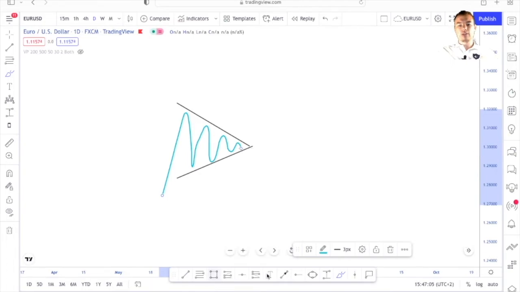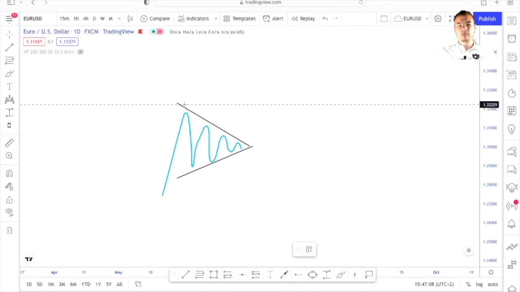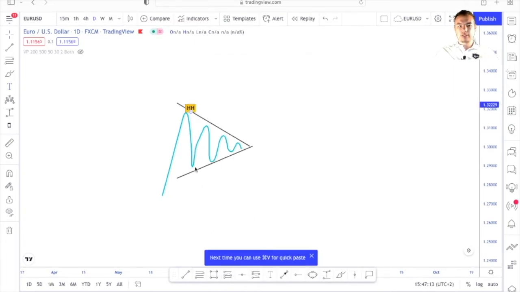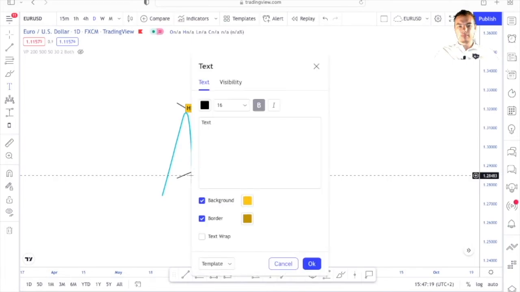So if I were to write it out, the first one would obviously be your higher high. And higher low.